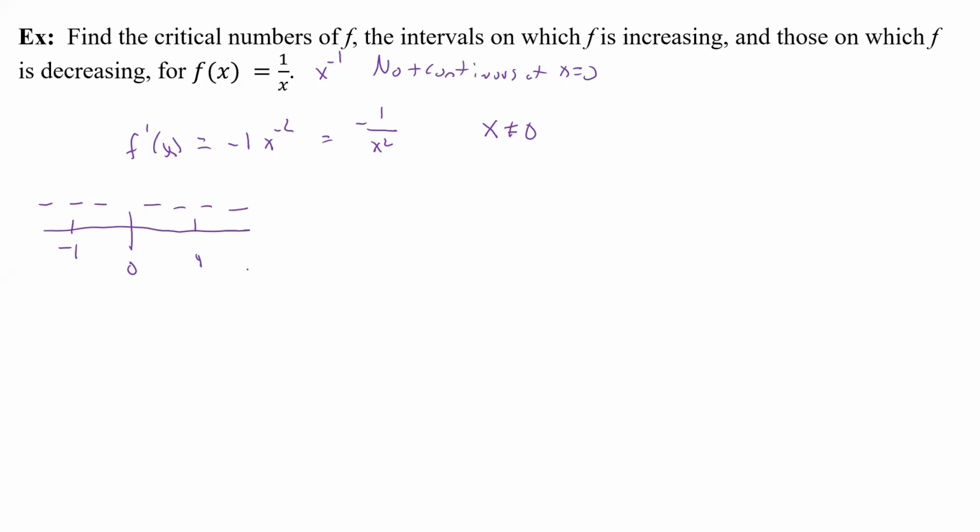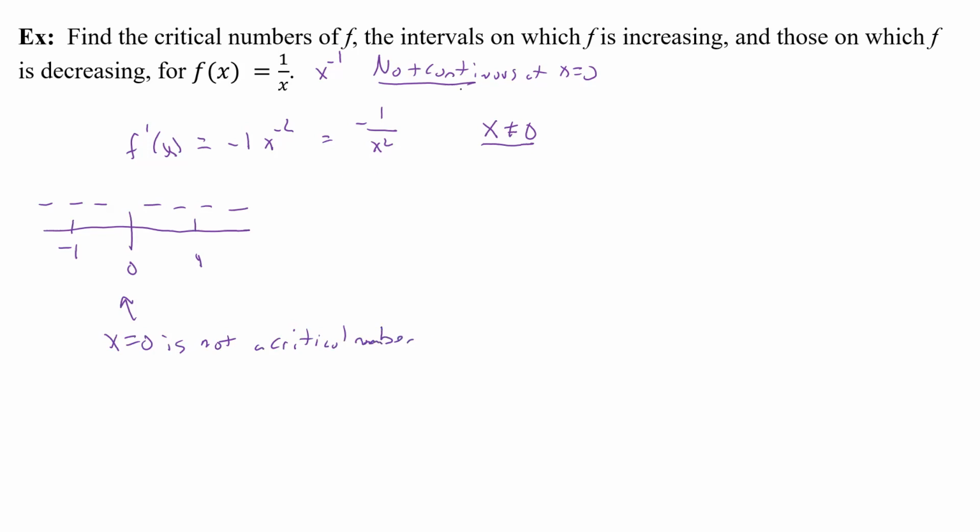Okay, so what we have to say then is that f is not continuous at x equals 0, so it's not a critical number. Because it's not continuous here, we can't have it equal to 0 here, so x equals 0 is not a critical number.